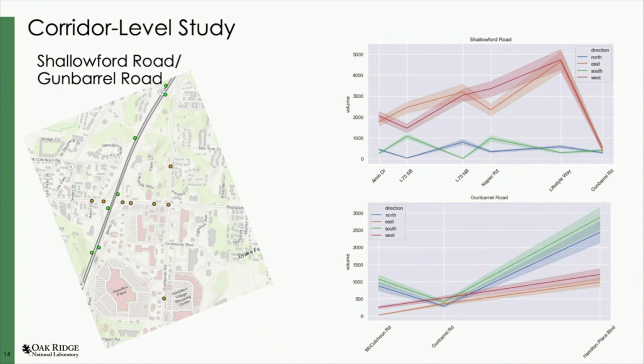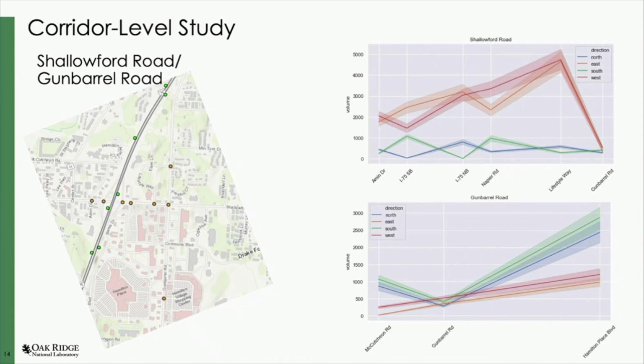So this is turned a little bit, so it's actually north, south, west, and east. Those are corridor level visualizations for these two roads. On the x-axis, we spaced out the intersections to represent how far away they are in real space. And then each color represents a turn direction, or a travel direction, on that intersection.